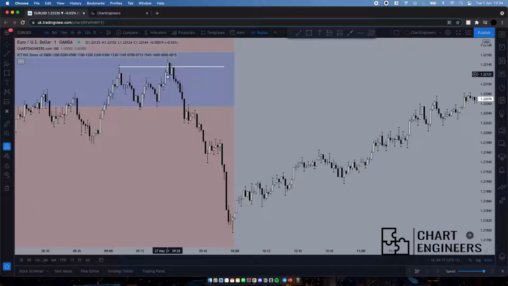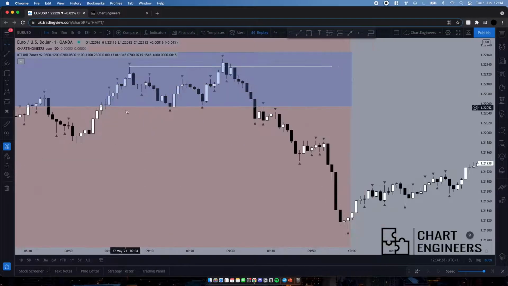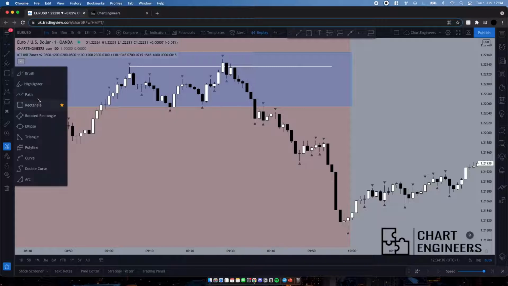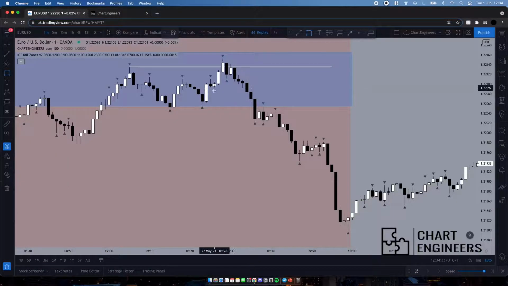So yeah, here's your raid candle over here at 9:28. So anytime after 9:35 you can enter. So this one you would have had to be quick. Let me see if you even get tagged in. So here's your breaker zone, and here's your market structure break.